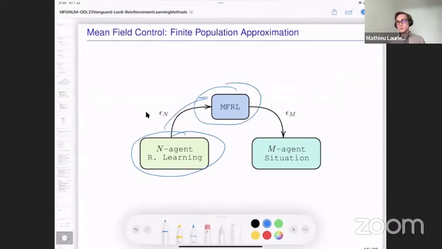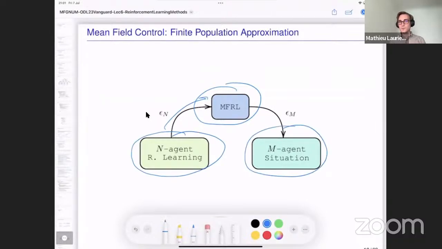It's an approximation, but it will be simpler. You learn decentralized policies. You focus on this mean field term, assuming you are really in the mean field limit. And then once you have this policy for the mean field problem, you can plug it back in any situation with m agents. In fact, m does not have to be equal to n, and you will be approximately optimal.